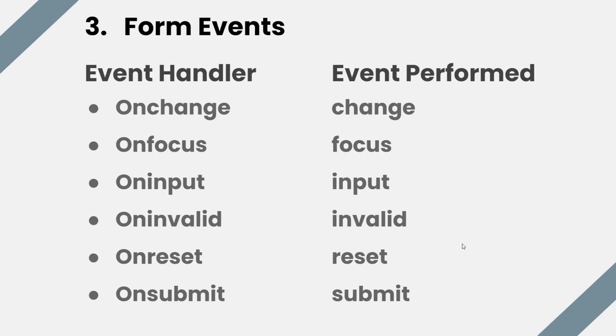Next, we have the form event, and the form event also has its event handlers. So we have the onChange event handler, and the onChange event handler here performs the change event, which can occur when a user changes a selected option of a select element.